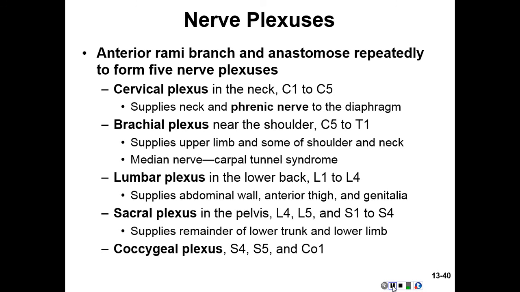When the retinaculum in the wrist is too tight, you get that radiating pain. Lumbar, the lower back, the genitalia, the abdominal wall, and the front portion of the thigh, L1 to L4. Sacral goes from L4 to S4, and coccygeal takes care of S4 down through the coccygeal C1.